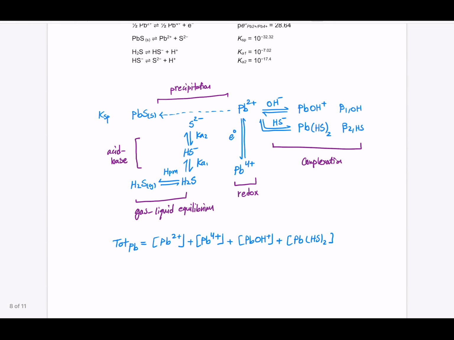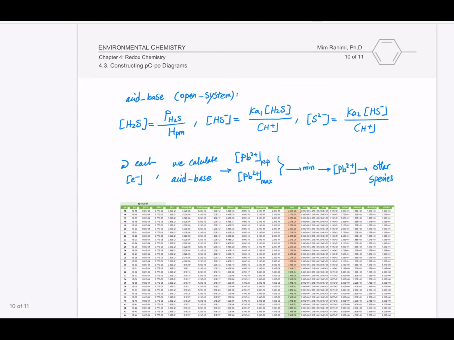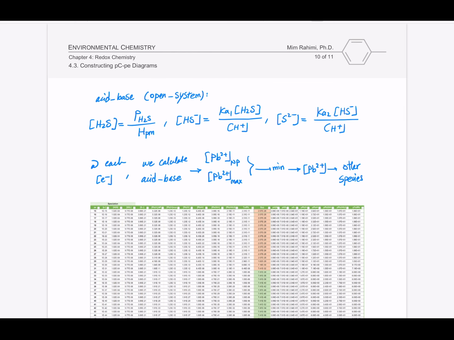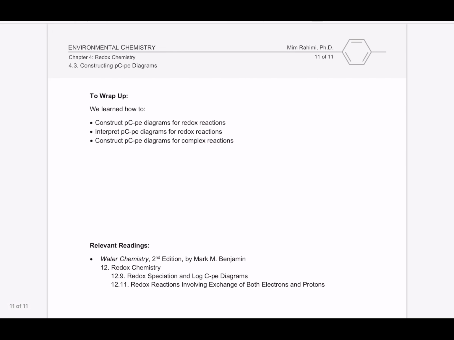So this was probably the most involved, wrapping up the whole course so far by involving all the different reactions that could possibly happen. What we did in our diagram, we had a complexation branch before. We had sort of a precipitation branch.